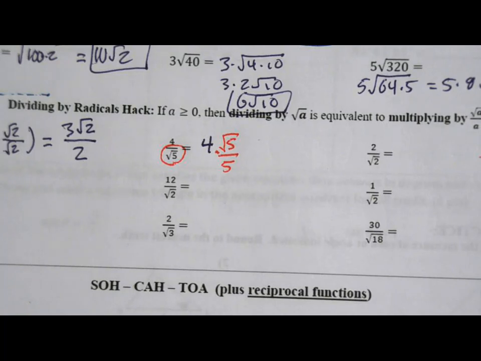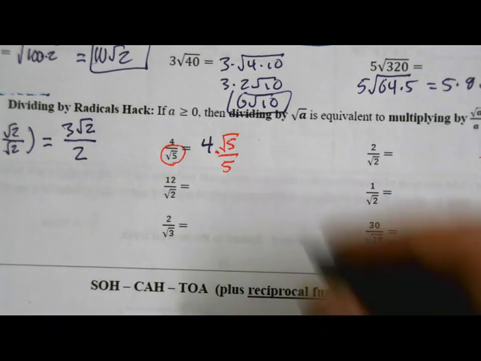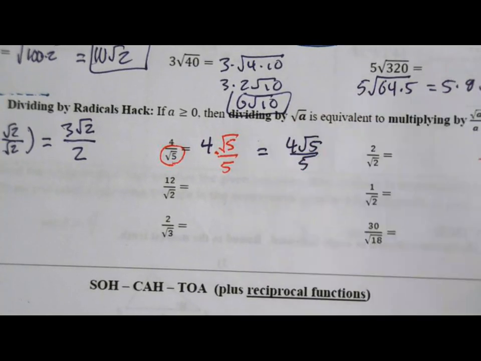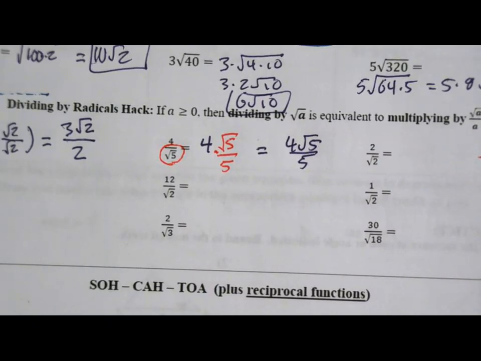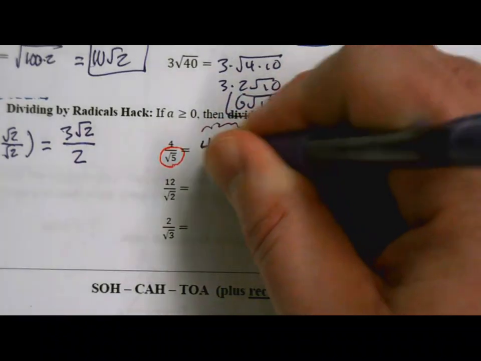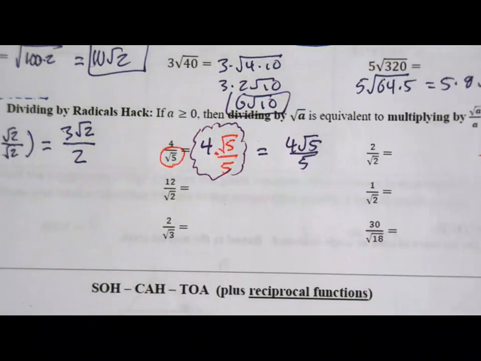It just is. Dividing by root 5 is the same as multiplying by root 5 over 5. So my answer then is 4 root 5 over 5. And this piece right here, I'm going to put a little thought bubble around it because I wouldn't write this down. That's just what I'm thinking in my head.